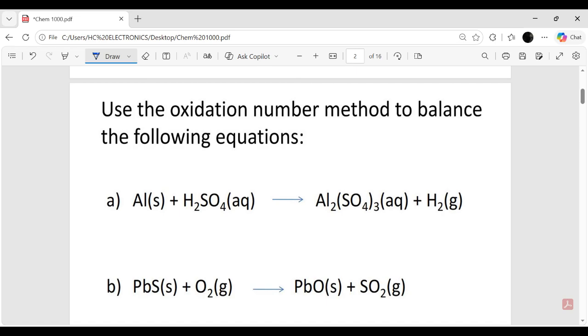Okay, so we have PbS, we have oxygen gas, then here we have PbO, and we have sulfur dioxide. Okay, then you need to assign oxidation states first. After assigning them, you know that this oxygen here, it is 0.